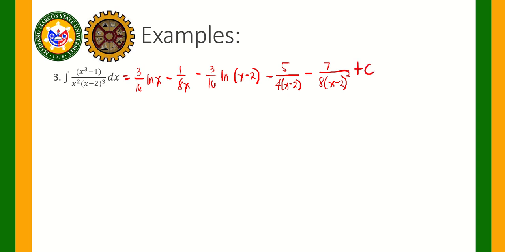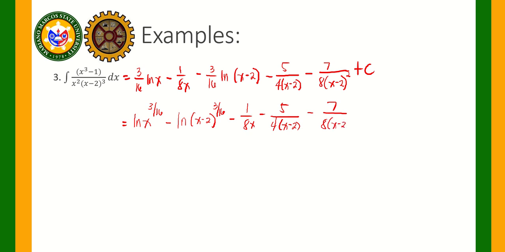Now, let us simplify. So, how do we simplify? Let us combine the logarithmic functions. But first, let us simplify the logarithms. So, that is ln of x raised to 3 over 16 minus ln of x minus 2 raised to 3 over 16, and then minus 1 over 8x minus 5 over 4 times x minus 2 minus 7 over 8 times x minus 2 quantity squared, and then plus c.